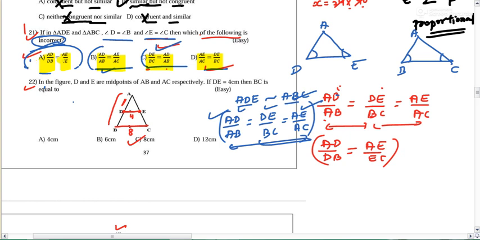Correct? D, B, C, E, they are smaller, means a smaller side. So using that trick also you can write this. Understood? Everyone? Do you have any confusion in this? Only if you practice, it will be easier. Understood?